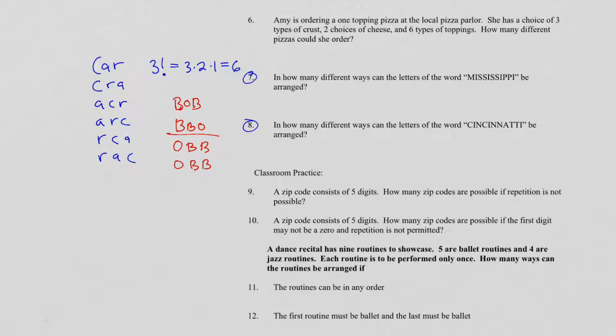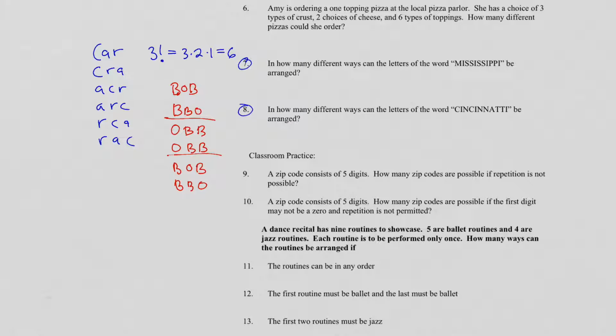Is that a different arrangement? No. So there's duplicates here, okay? What if I put the last B first? Well, no, that's the same thing as the first one. Okay? All right.